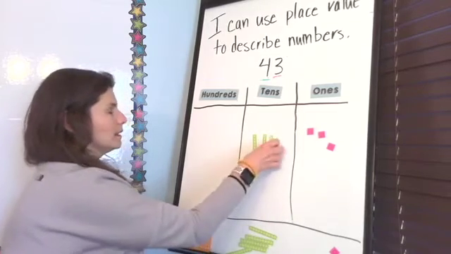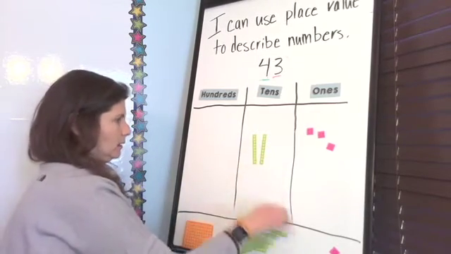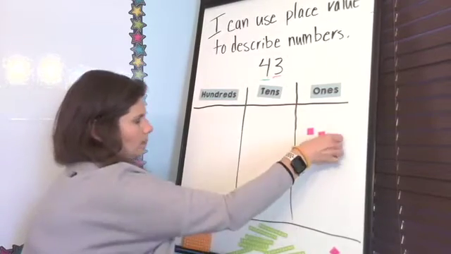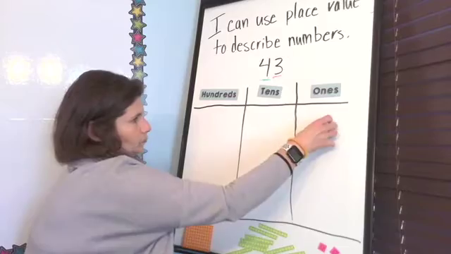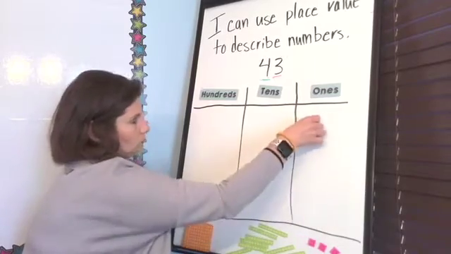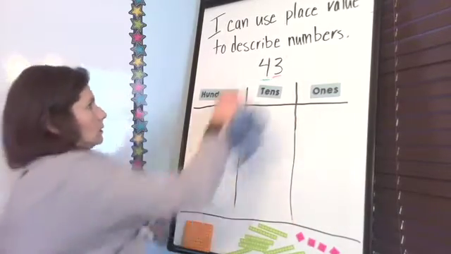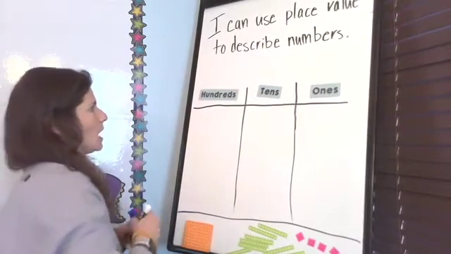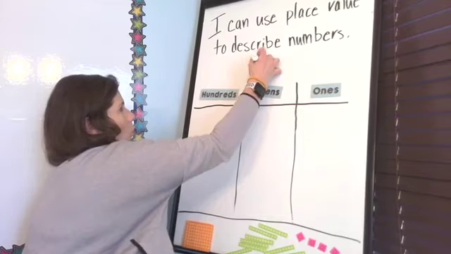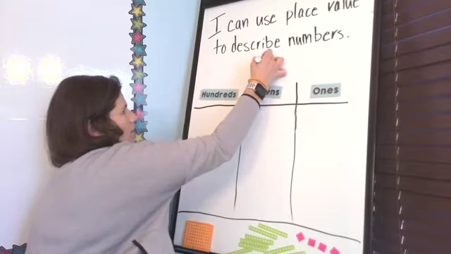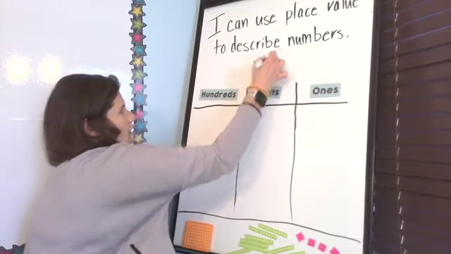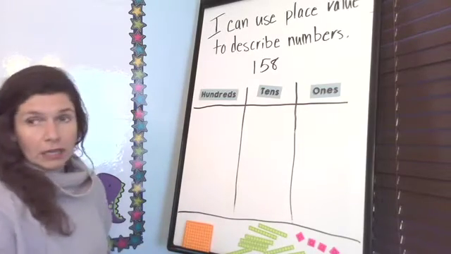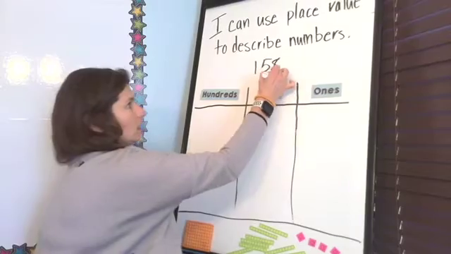Now, let's bring in our hundreds, okay? Let's put these back down. We're going to bring in the hundreds. And let's say you have a number like 158. So let's go ahead and start in our one spot. Okay? 8.